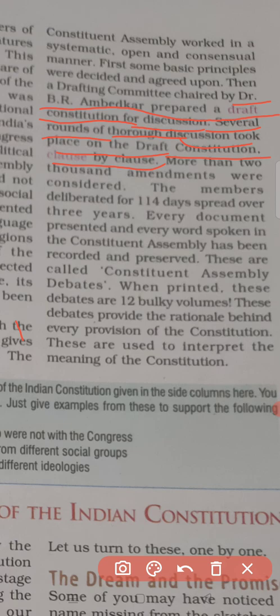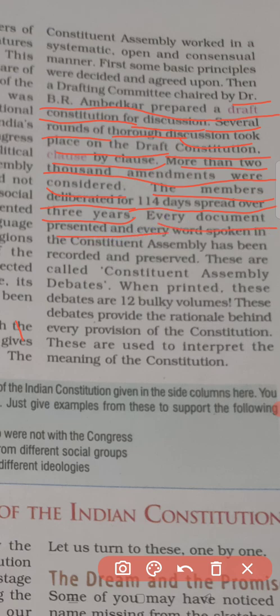Okay, and you can also write down: more than 2000 amendments were considered. The members deliberated for 114 days spread over 3 years.